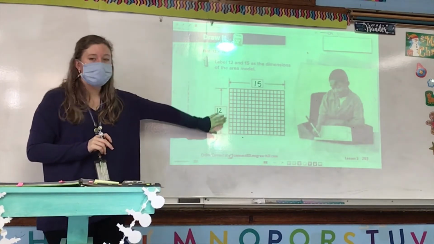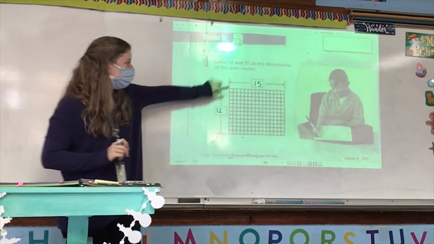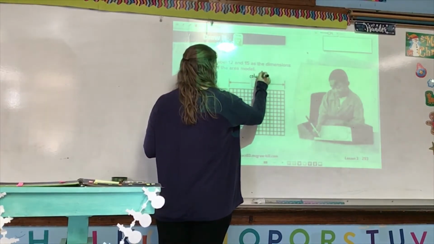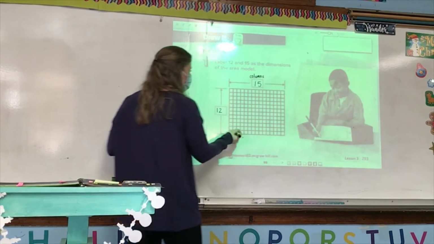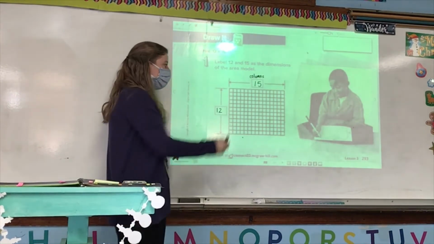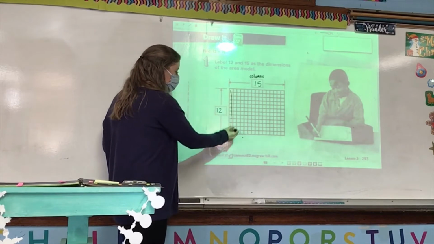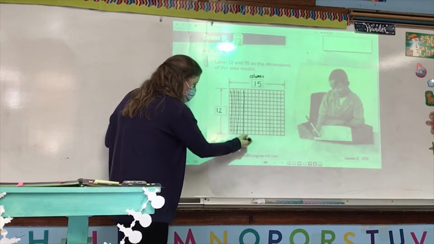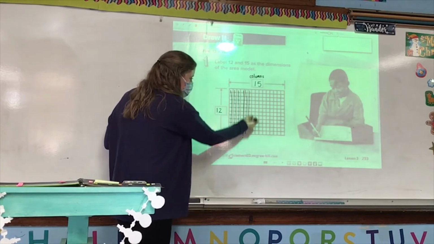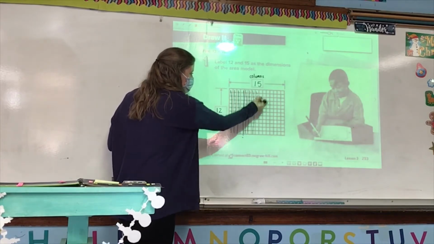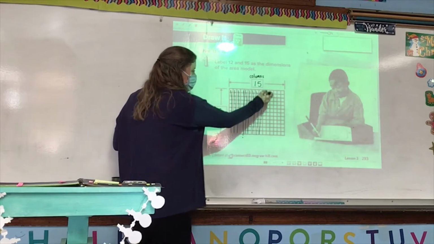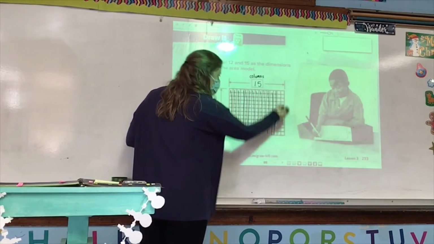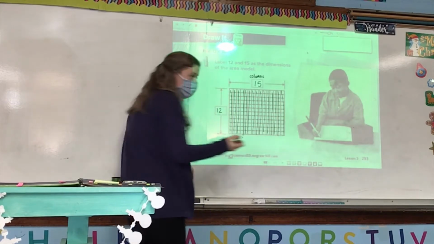So here's our area model. We have 15 columns. Let's label this as columns so that when you're going back to study, you remember. Because when we count 15, we're counting basically like this. 1, 2, 3, 4, 5, 6, 7, 8, 9, 10, 11, 12, 13, 14, 15.